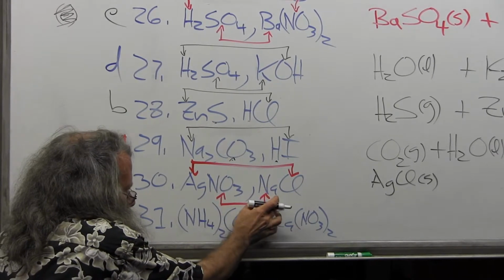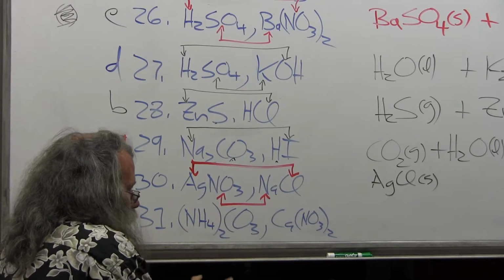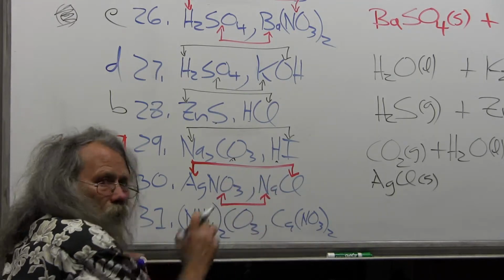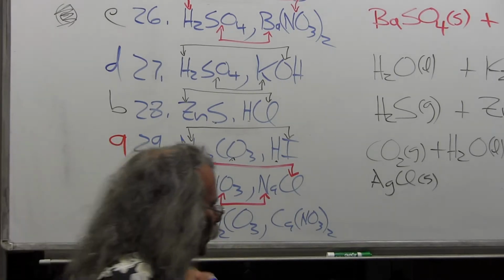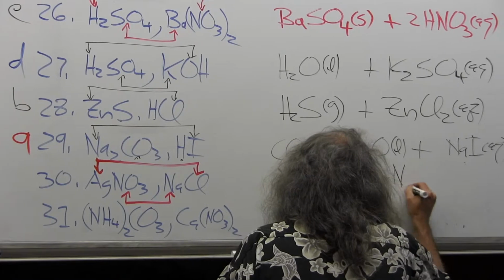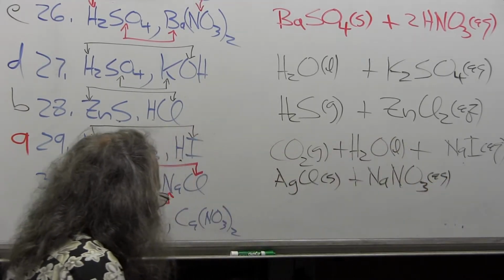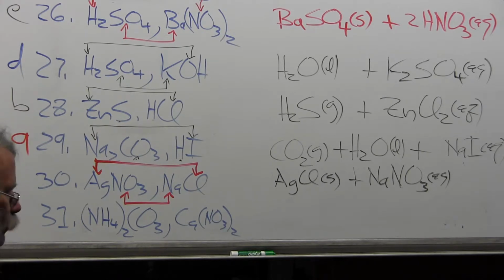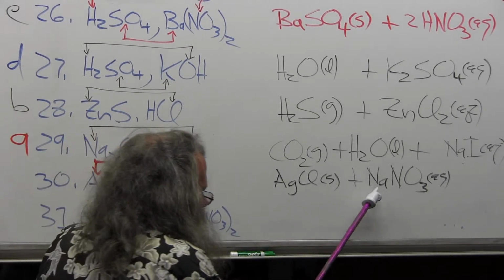And now we look at the inner pair. I've got a sodium ion, and I don't care what the other ion is. I know all sodium salts are soluble. And I've got a nitrate ion, and I don't care what the cation is because all nitrates are soluble. So we know it's soluble, plus sodium nitrate, which is soluble. So what best describes this? I would say one insoluble compound and one soluble.